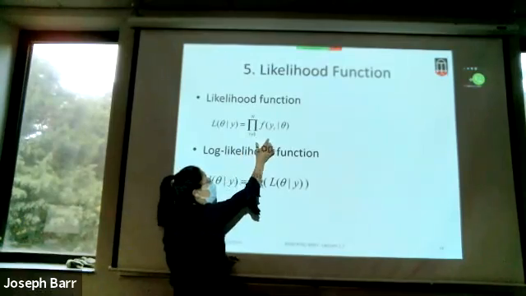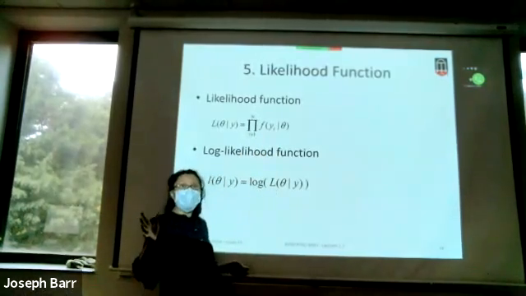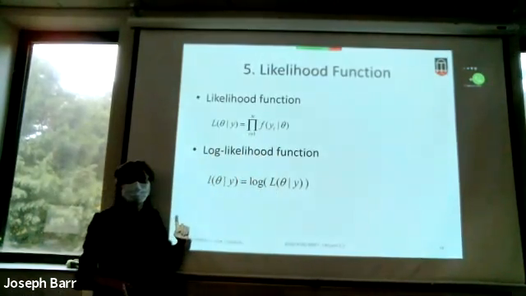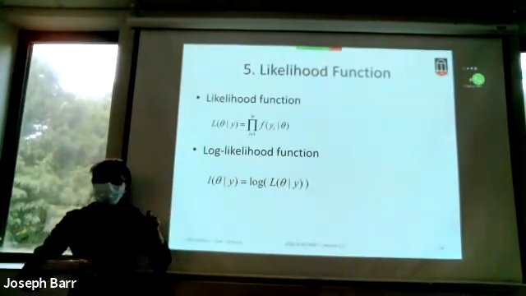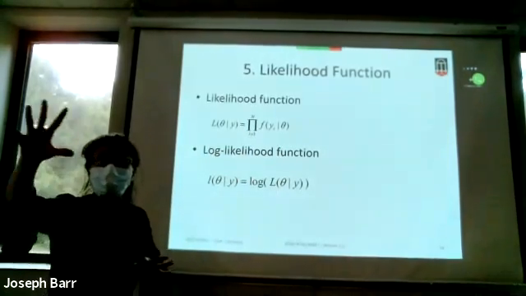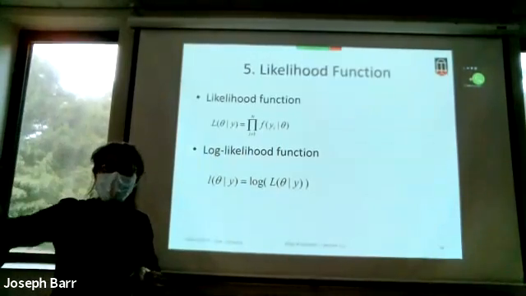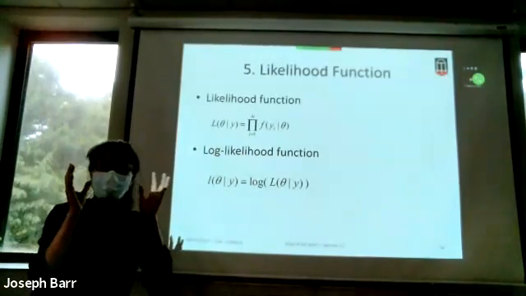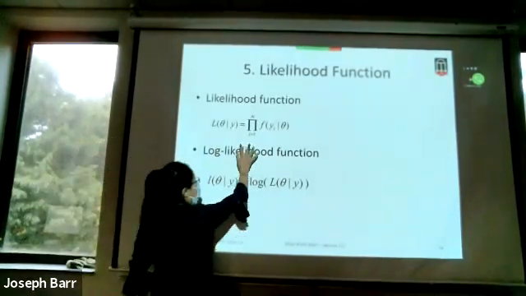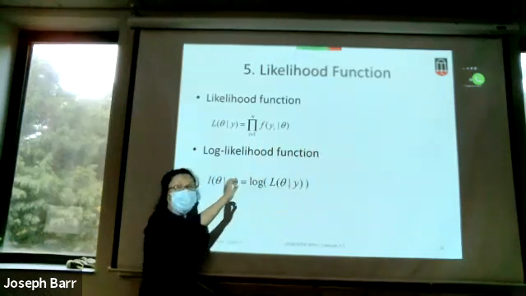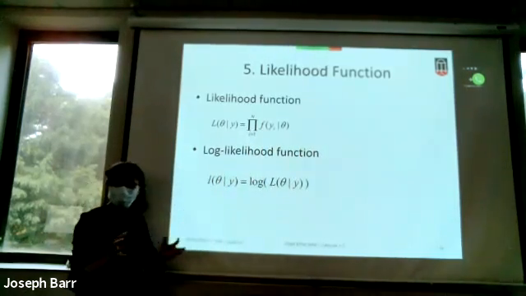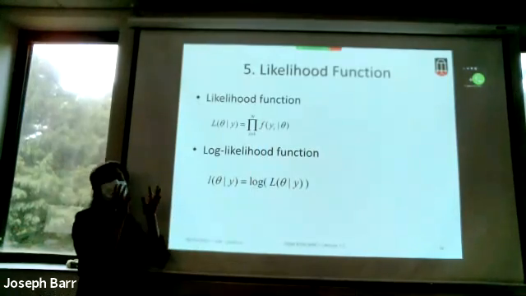The product of all the density functions is our likelihood. Likelihood is kind of like the probability of getting all these n observed values. So it's a product of each probability function. It's called a likelihood.